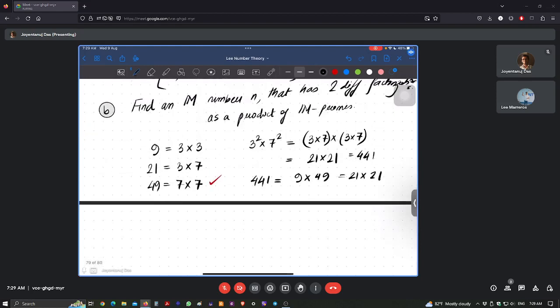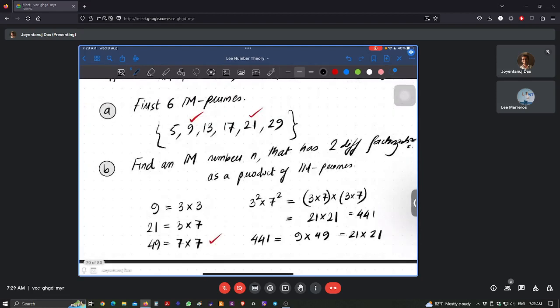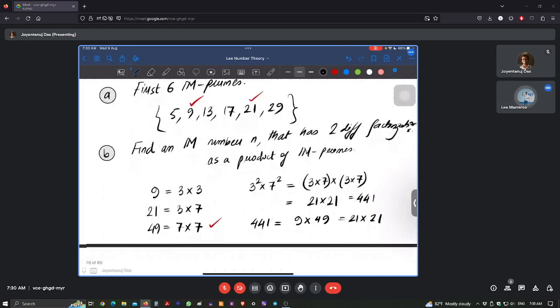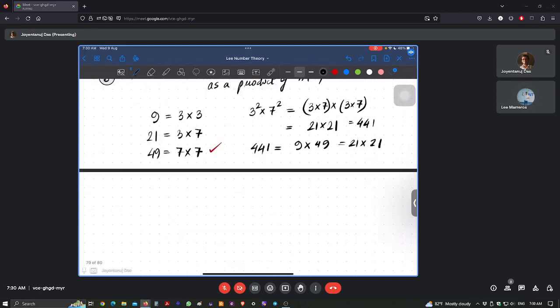Similarly, we can construct another one. The next prime number that is not on the list is 11, so 11 is not in this list. If I take the prime numbers 3, 7 and 11, I can make 3 squared times 7 times 11, which is 77.